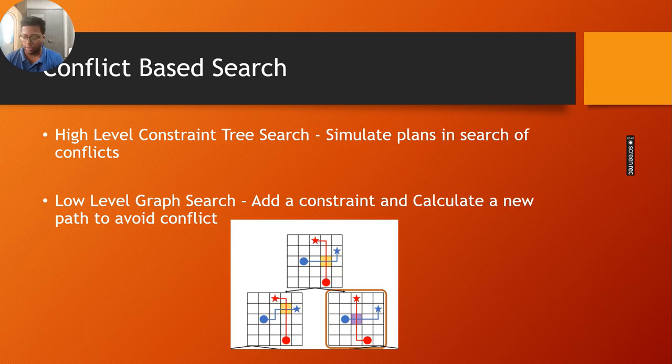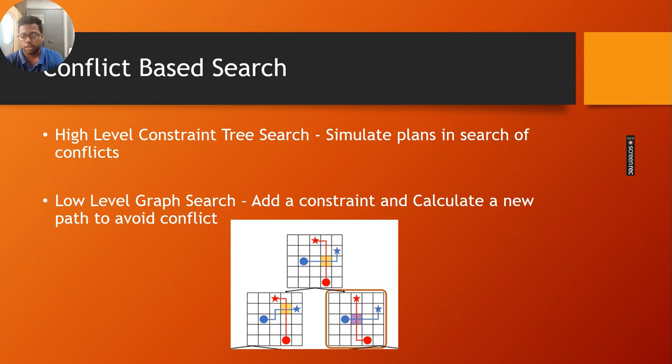Conflict-based search is a two-level algorithm used to find optimal collision-free paths for multiple NPCs. Here, the high-level tree constraints simulate plans in order to search for conflicts. Whenever we find a conflict, that point has children.